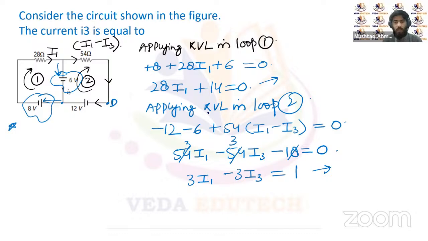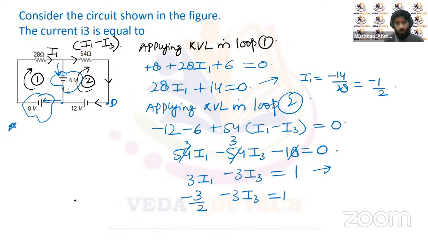From here, if we calculate the value of I1, it will be equal to minus 14 over 28, that is minus 1 upon 2. We'll substitute the value of I1 here as minus 1 upon 2. It will be minus 3 upon 2 minus 3 times I3, that's equal to 1.